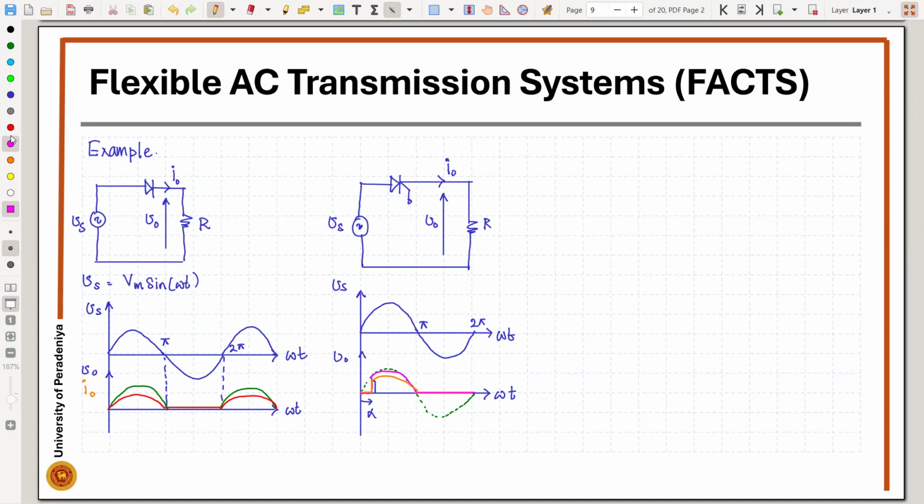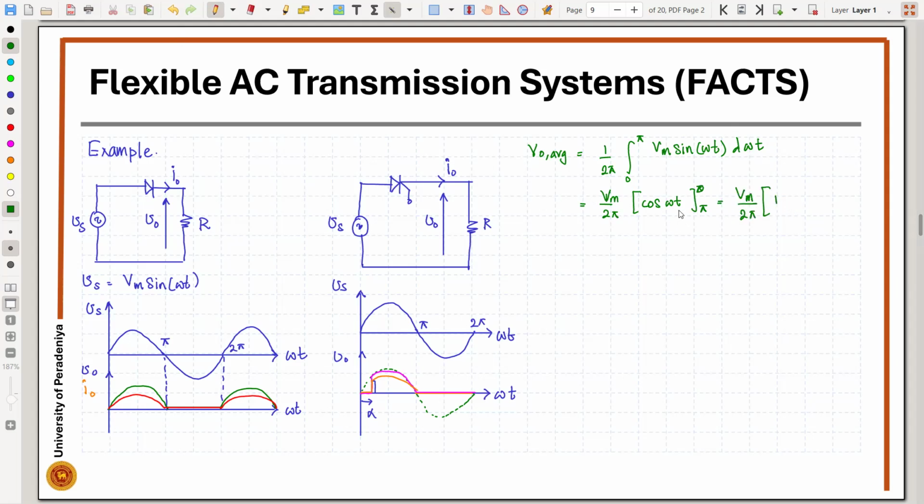If we find the average voltage for the circuit here, what you have is 1 over 2π, integral from 0 to π of Vm sin ωt dt. This equals 1 over 2π times Vm times minus cos ωt, integrated from 0 to π.